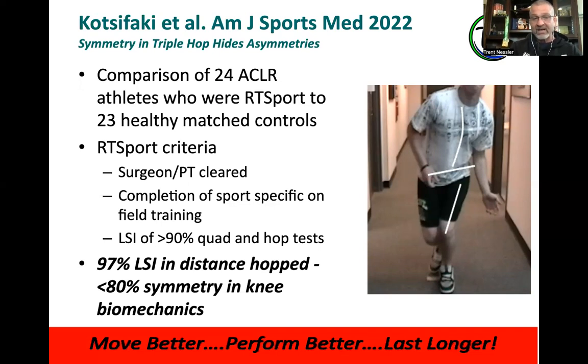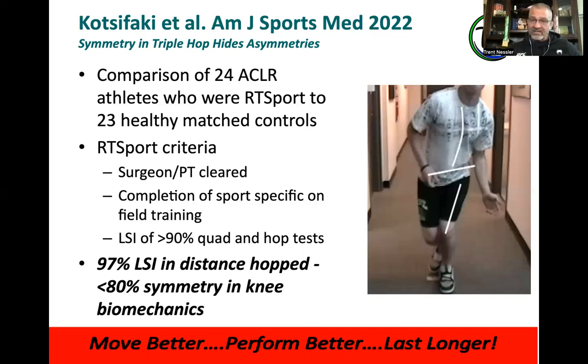They had an LSI of greater than 90% on the quad and the hop test. But when they went in and measured them in a biomechanics lab, there was less than 80% symmetry in biomechanics. So LSI was good on performance of the test, but biomechanics was not good.